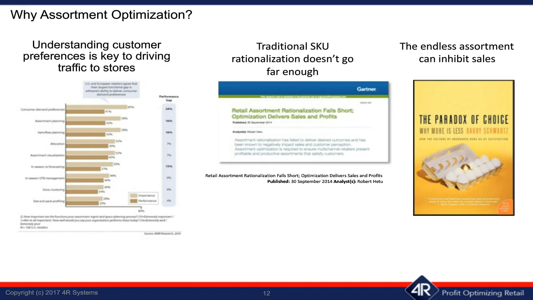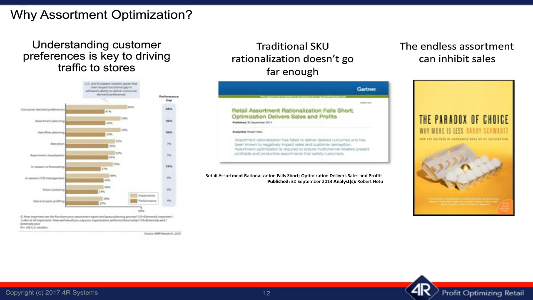Why would you do assortment optimization of this sort? First, if you look at what has been looked at traditionally, understanding customer preferences clearly is a key to driving traffic in stores. Many of the surveys which have been done in the past indicate that this is one of the greatest gaps in terms of retail current functionality versus what people would like to have.